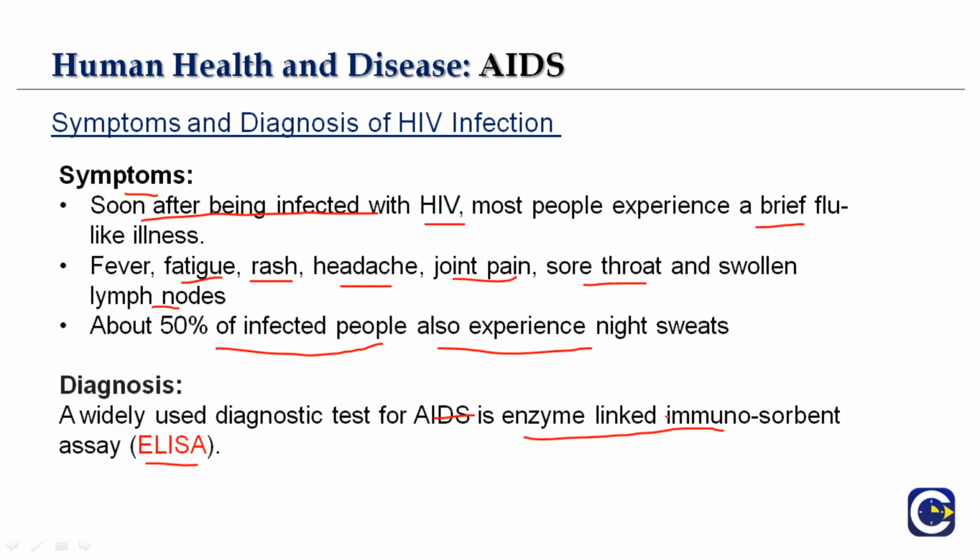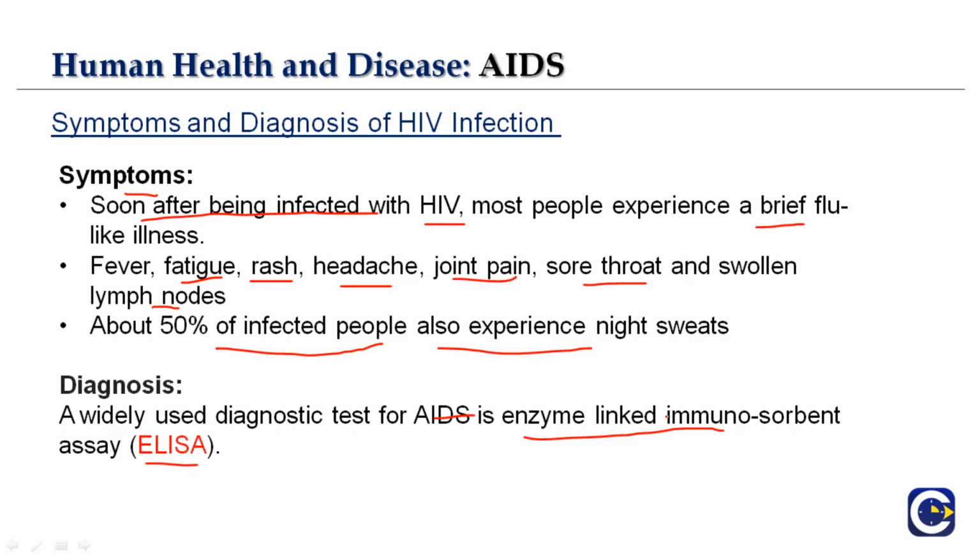After washing away the unbound serum, anti-human immunoglobulin linked to a suitable enzyme is added, followed by a color-forming substrate. If the test serum contains anti-HIV antibody, the color will be formed, which can be read photometrically by special ELISA readers.